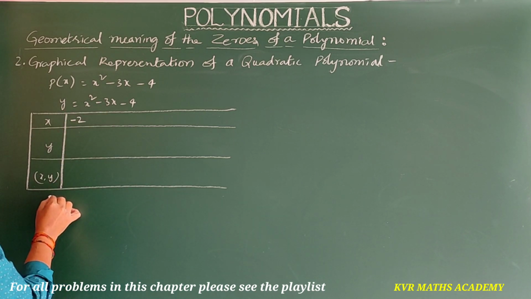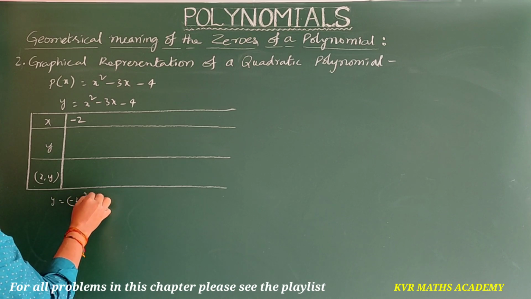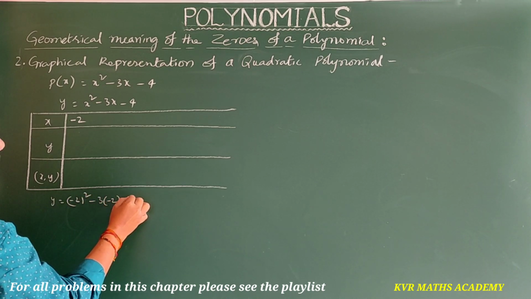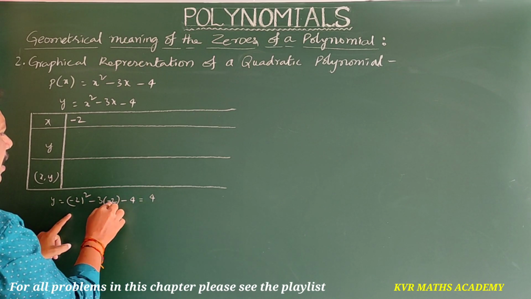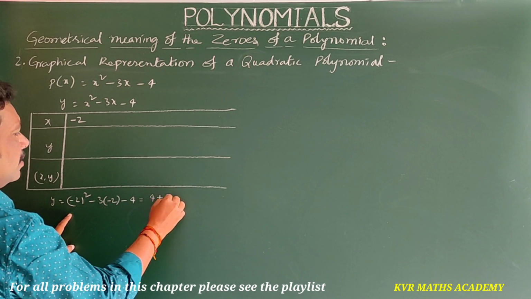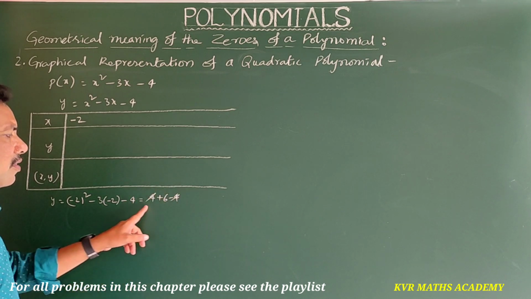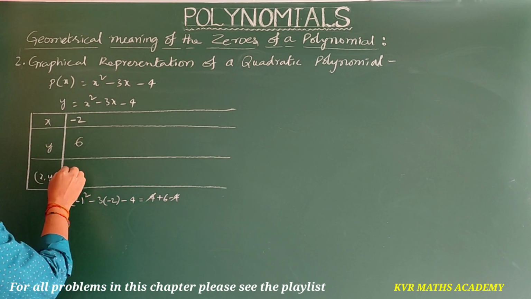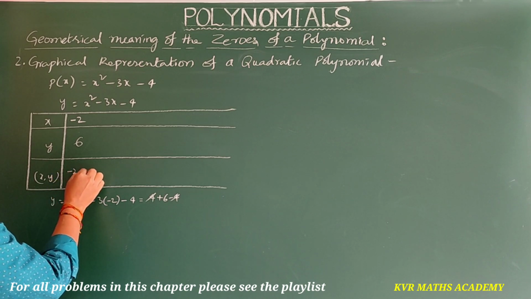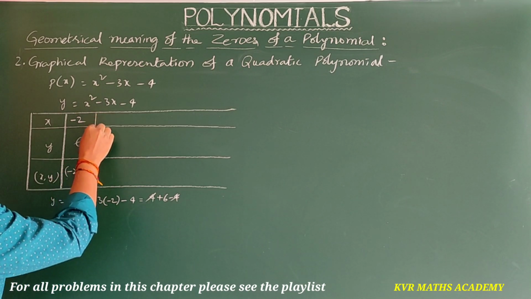So y is equal to minus 2 whole square minus 3 into minus 2 minus 4. How much will this be? 4, minus into minus plus 6, minus 4. So 4 gets cancelled, the answer is 6. So the ordered pair is x coordinate minus 2 and y coordinate 6.